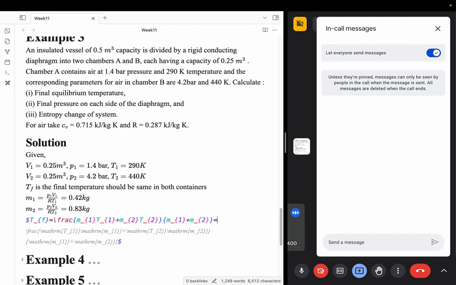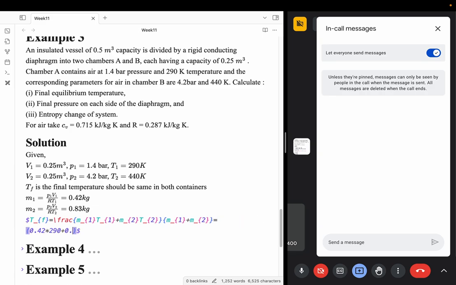How can it be 487? It should be between 290 and 440, right? I'm getting 389.6.